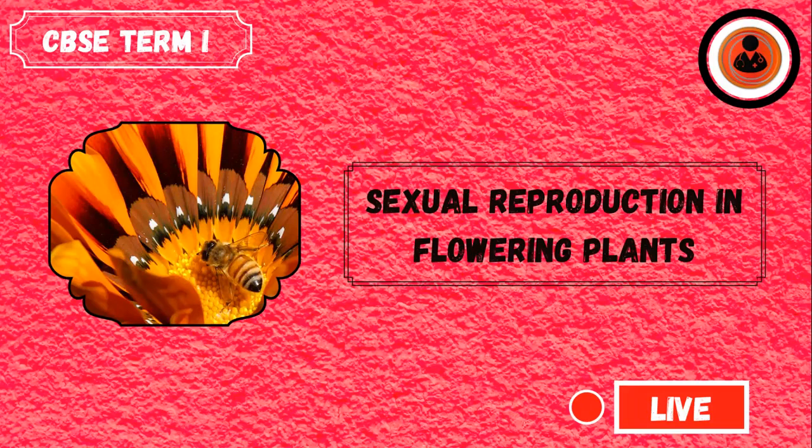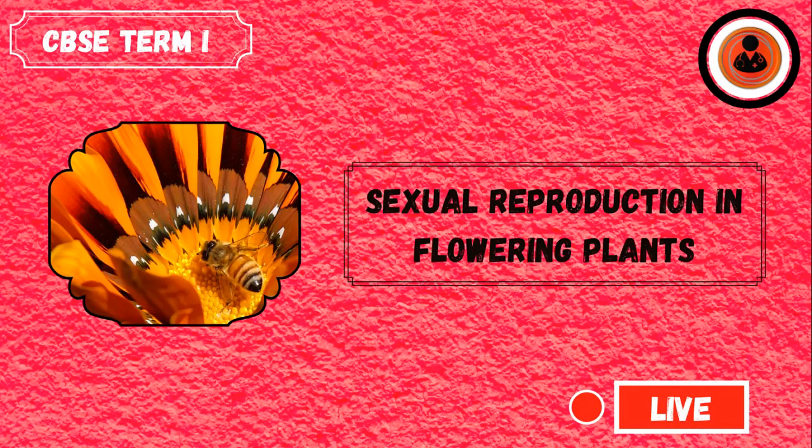Term 1 one-shot revision of all the 5 chapters: sexual reproduction in flowering plants. In today's class, in a one shot, in the next 1 hour, we are going to quickly recap all the important points, all the important diagrams in the NCERT, each and every minute point in the NCERT, in the next 45 minutes to 1 hour.